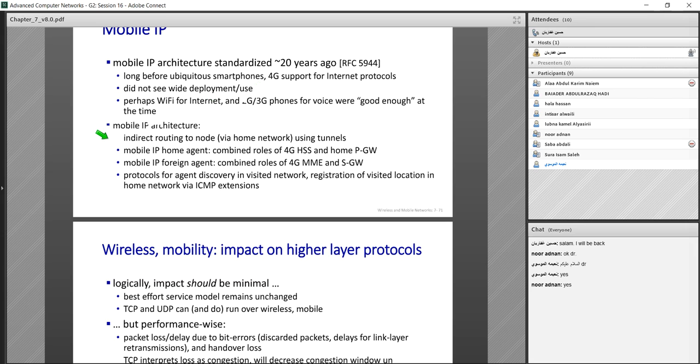This architecture uses indirect routing, as we talked about.